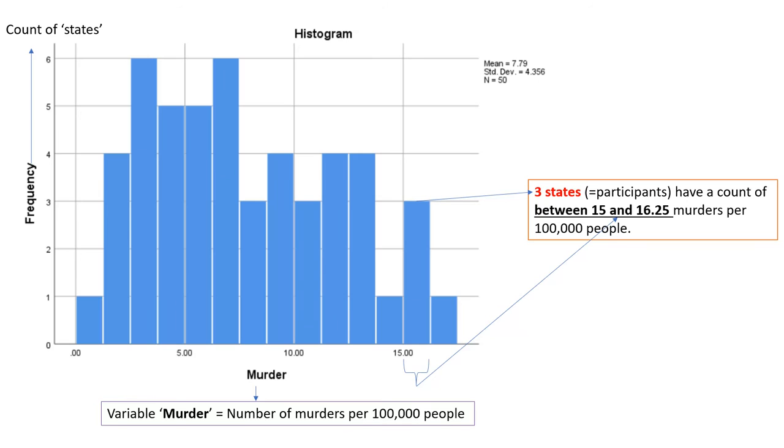Here, as I mentioned, just a slide to present to you again. In fact, a histogram is a bar chart where each bar is a count in a certain range of murders. So between 15 and 16.25 murders per 100,000 people, here I have 3 states, okay?